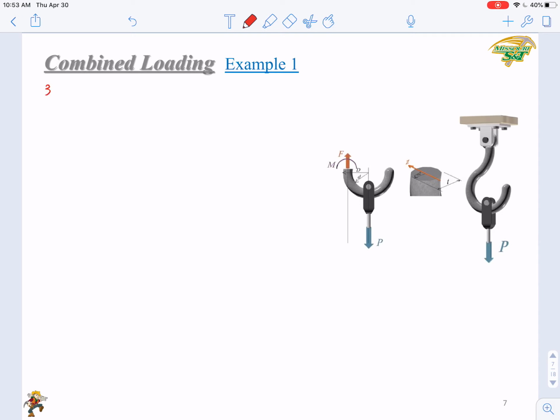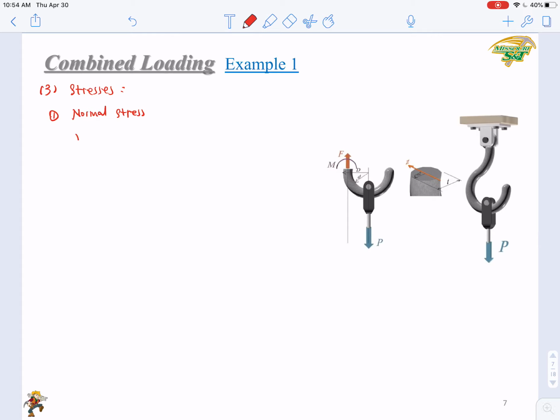Right. So the third step, we will calculate the stresses. The first component of it will be the normal stress due to the axial loading, right?